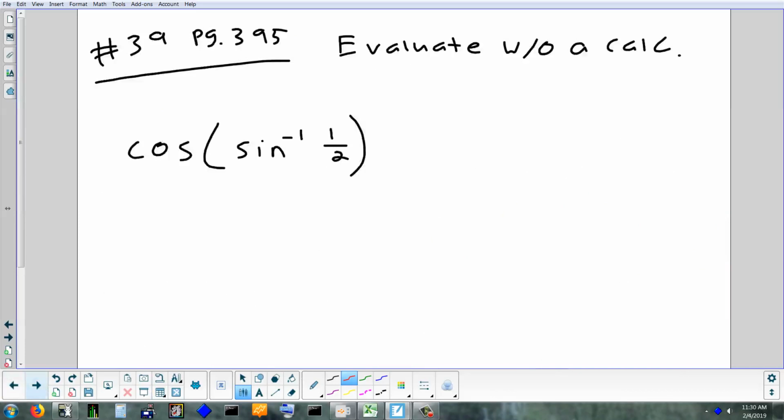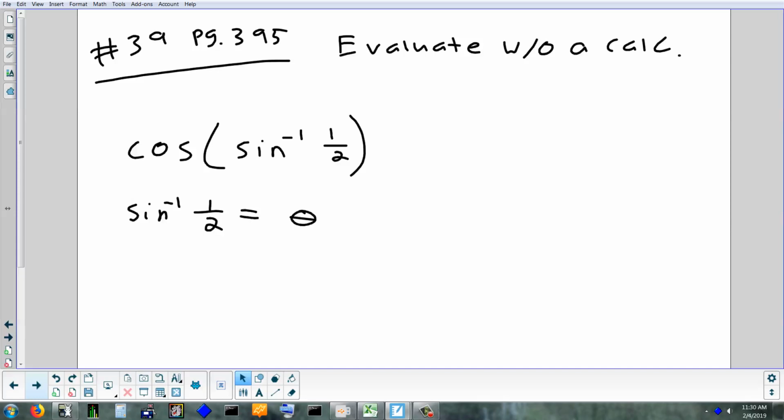So if we set this one up kind of like the first one we did, what's the first thing I have to do? Set the inverse sine of 1/2 equal to theta, step 1.